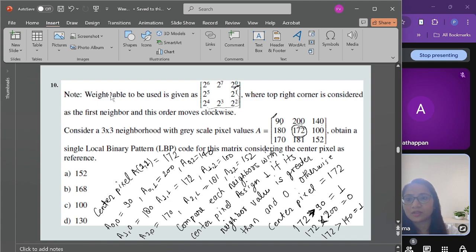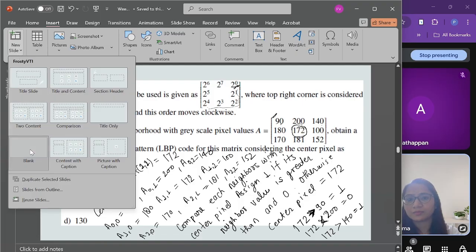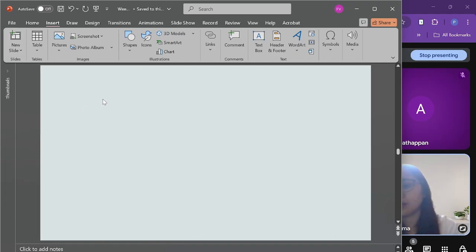So I'm just taking another slide so that we can write it. I can write here center pixel, and here we can write the neighbor. You can make a table also, so it is easy.